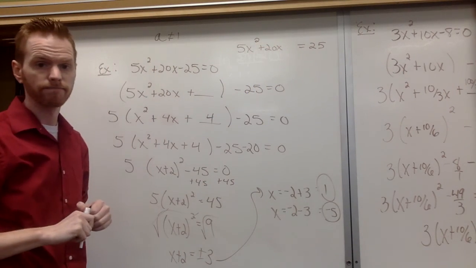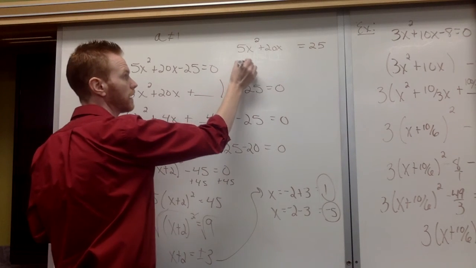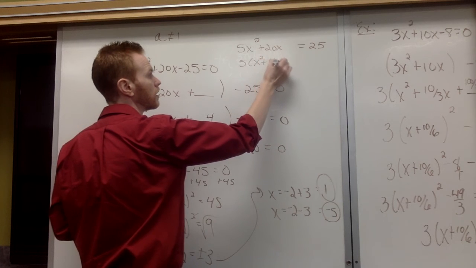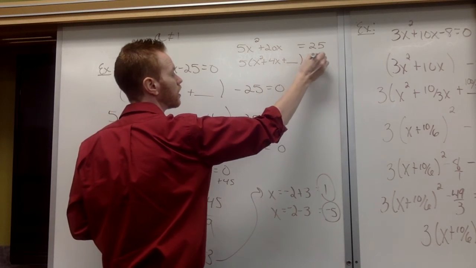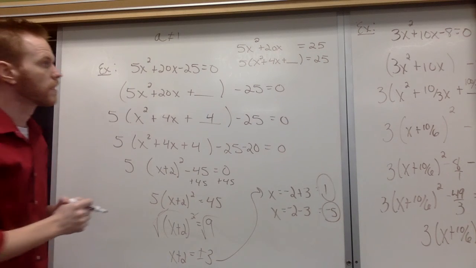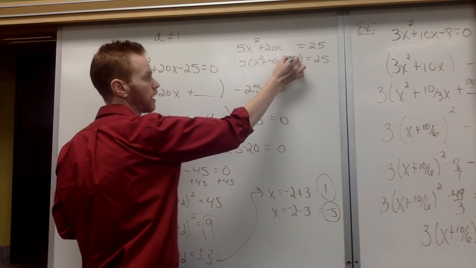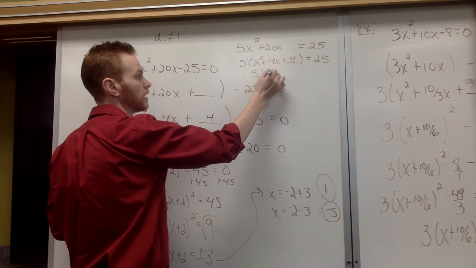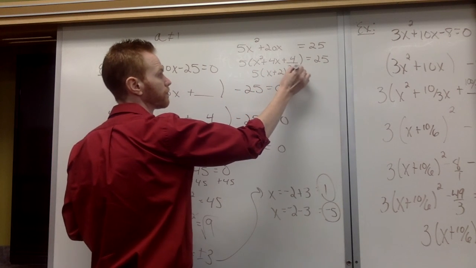Then factor your 5 out. Just like that. Complete the square. So that has to be a 4. So we get 5 times x plus 2 squared.